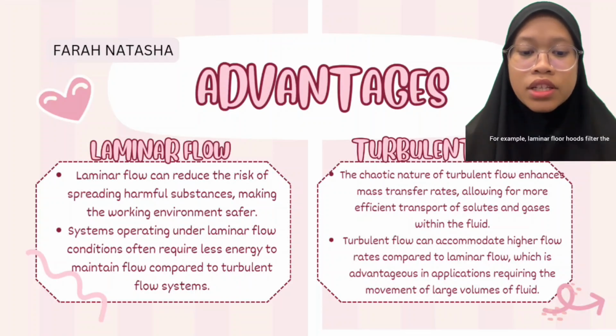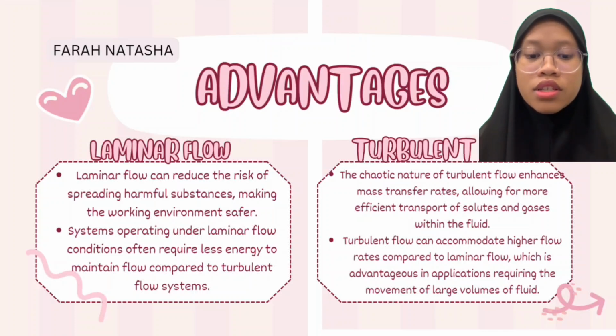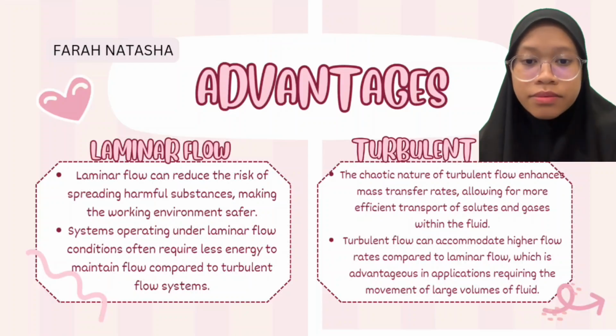For example, laminar flow hoods filter the air to trap dangerous particles, improving air quality and protecting workers. By reducing cross-contamination and keeping harmful substances contained, laminar flow makes it safer for people to work in sensitive environments. Overall, using laminar flow is essential for maintaining a clean and safe workspace.